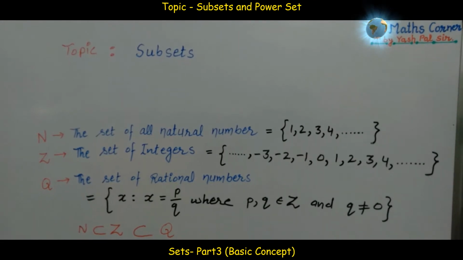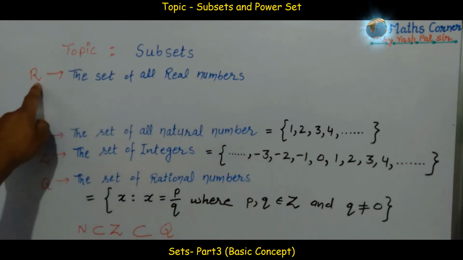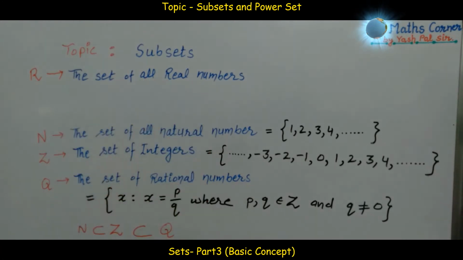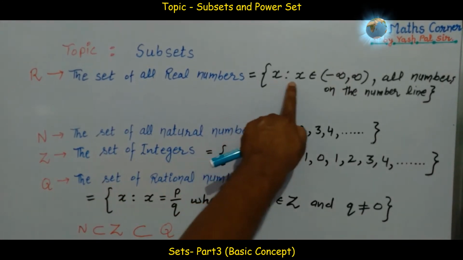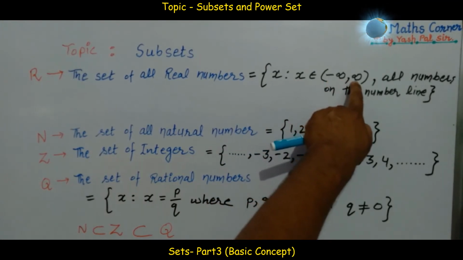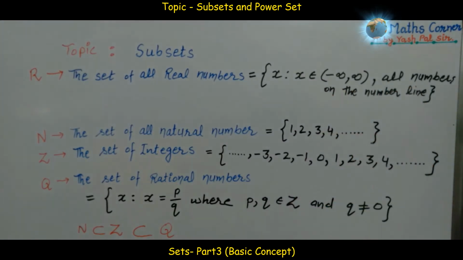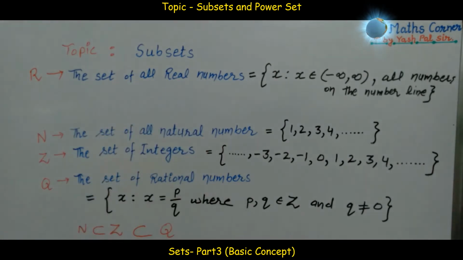Here, what are real numbers? We denote the set of all real numbers by the capital letter R. We can also say it this way: x such that x belongs to minus infinity to plus infinity, where x is equal to all numbers on the number line. So this represents the set of all real numbers.